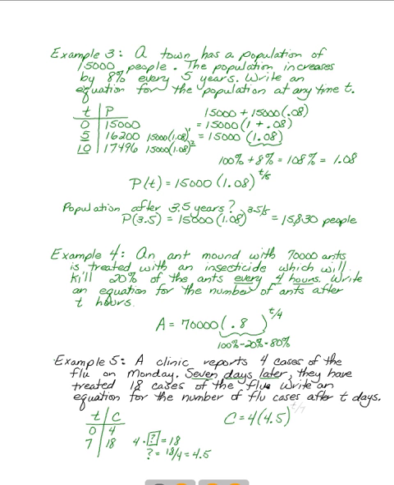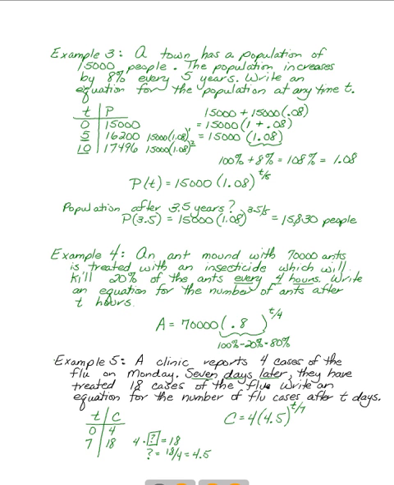So our exponent then is going to be t, our time, divided by 7 days. Okay, and that would give us our equation for this particular application problem. 4 from the original number of cases, 4.5, which we get from the table looking at 18 divided by 4, what we need to multiply by to get from 4 to 18, and 7 in our exponent because it took 7 days in order for that change to occur.